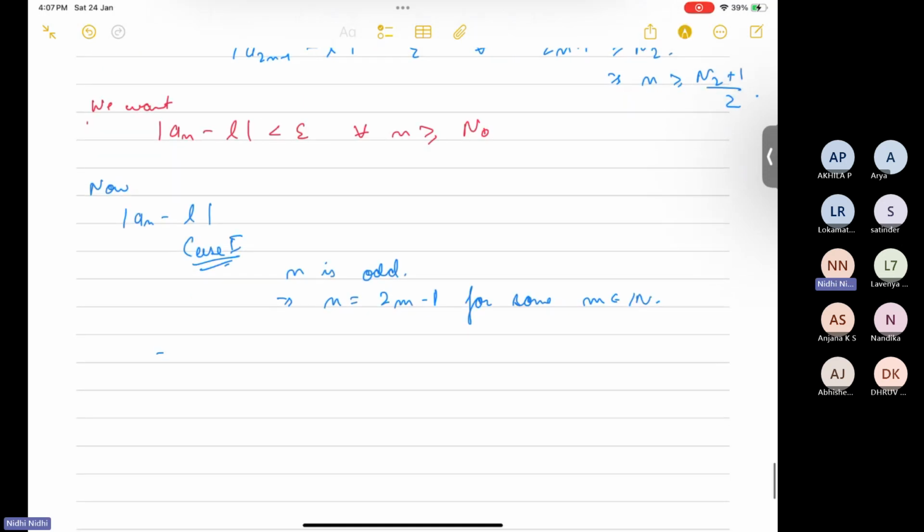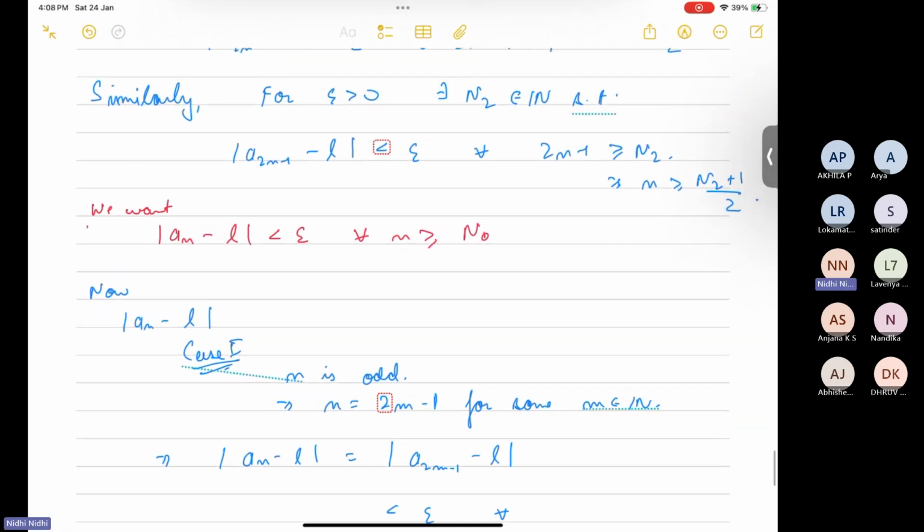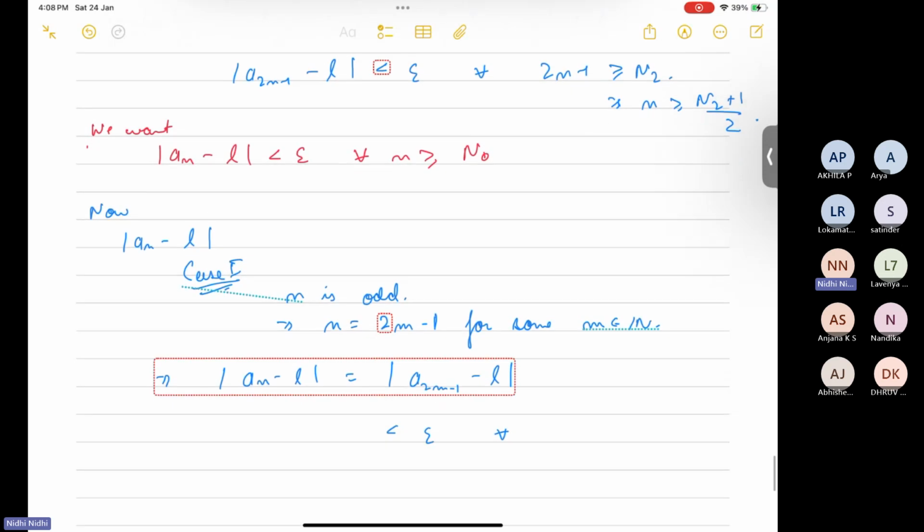That means a_n minus l is a_{2m-1} minus l. Now this will be less than epsilon whenever 2m minus 1 is greater than or equal to n2.